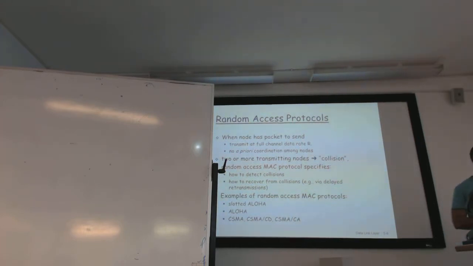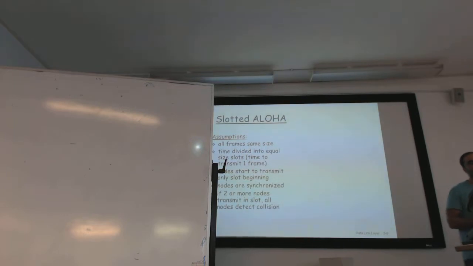Let's see the first one, slotted Aloha. What are we assuming? First, all frames are the same size. Time is divided into equal-size slots, i.e. the time to transmit one frame in one time slot. Nodes start to transmit only at the beginning of a slot.